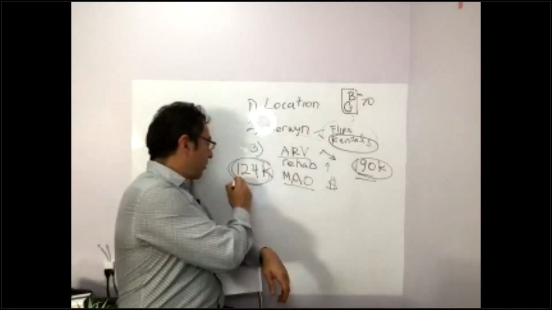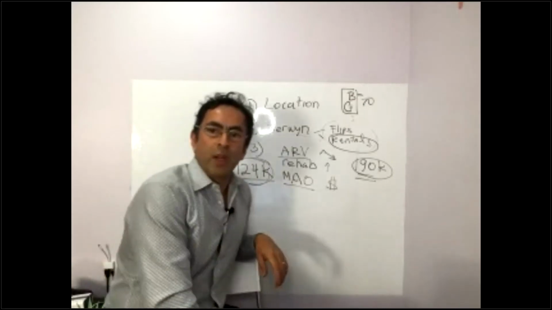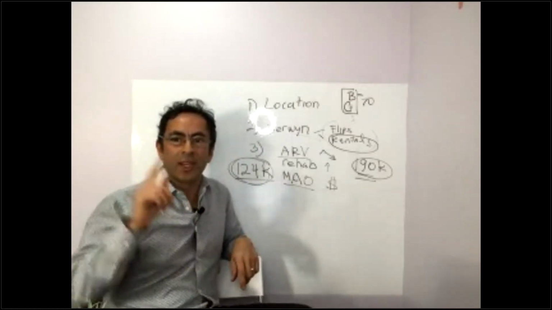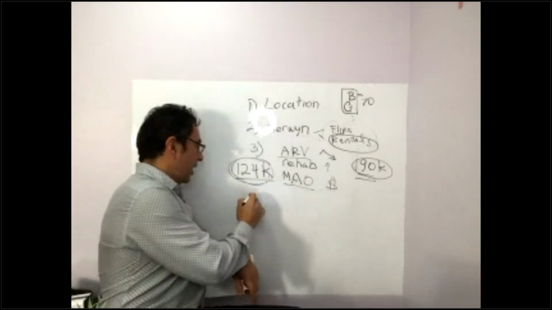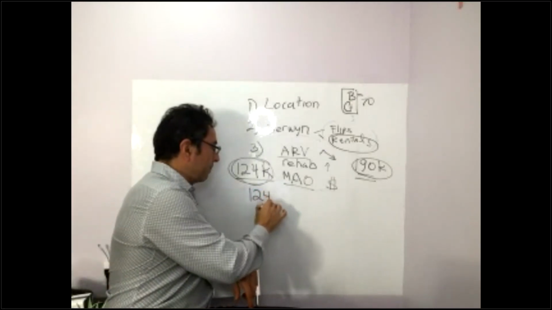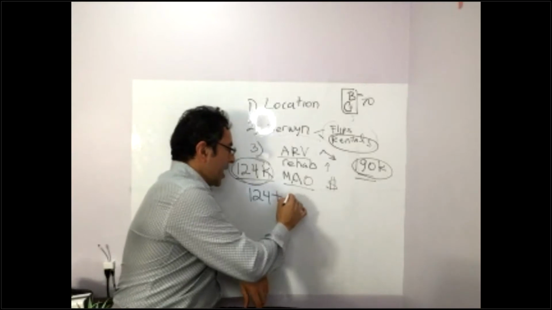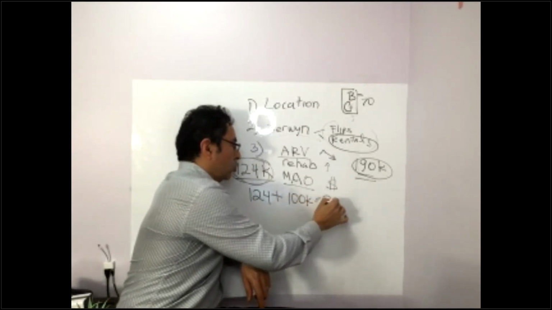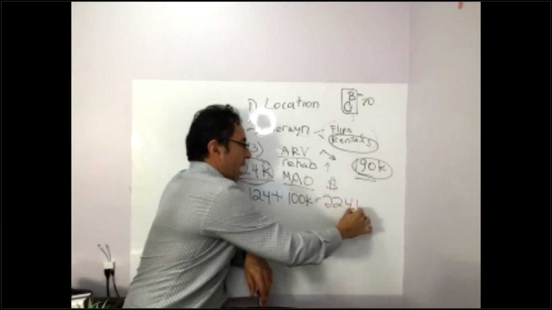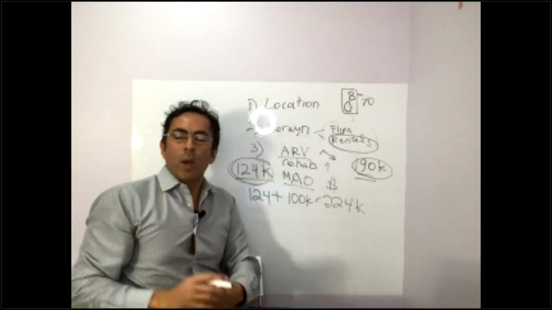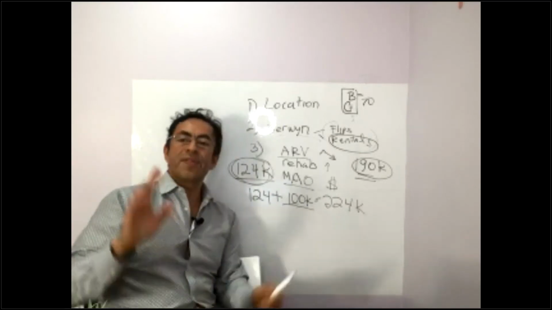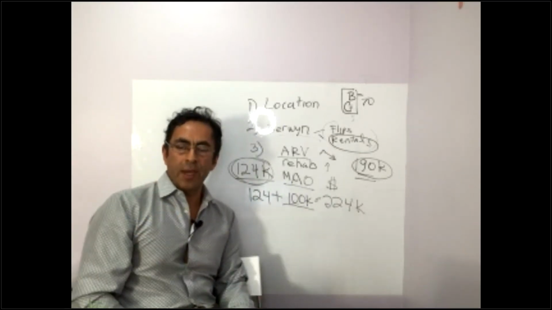So if the wholesaler is asking for 124, the next thing that I'm going to do is check this out, how powerful this is. I'm going to do 124 plus 100,000. That's equivalent to 224,000. What I just did is as follows. I added $100,000 to the asking price.